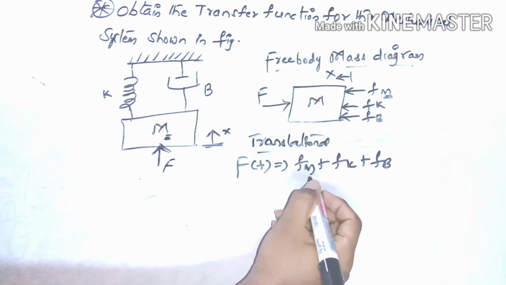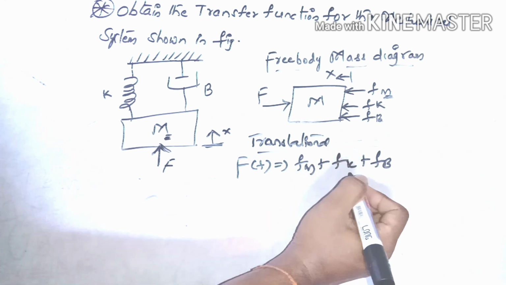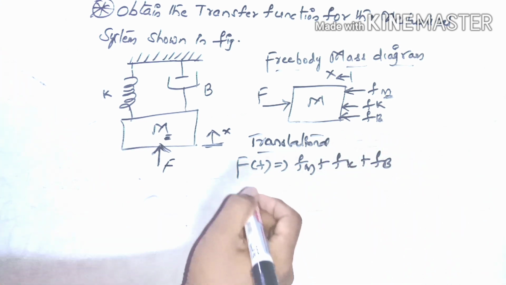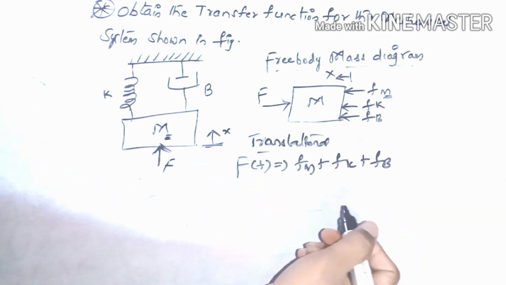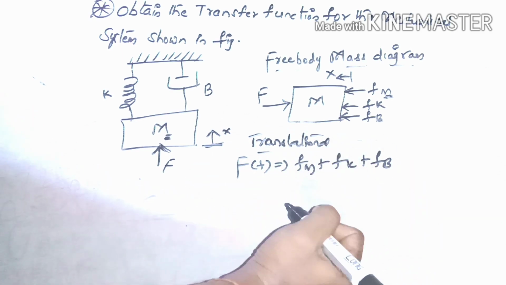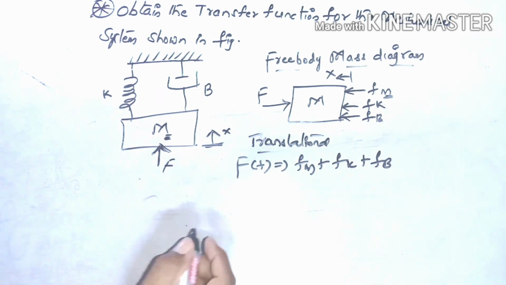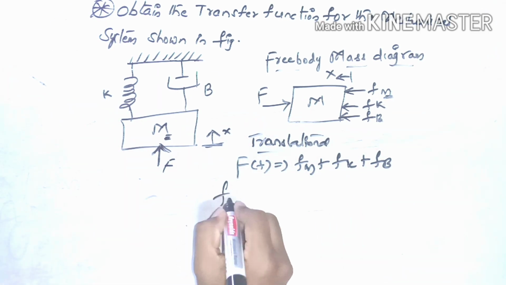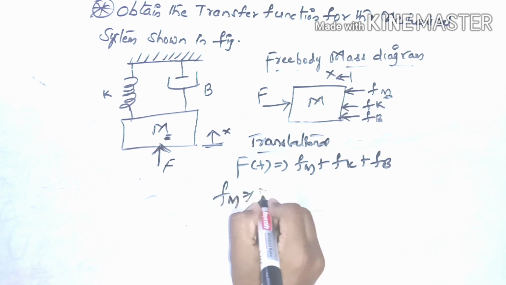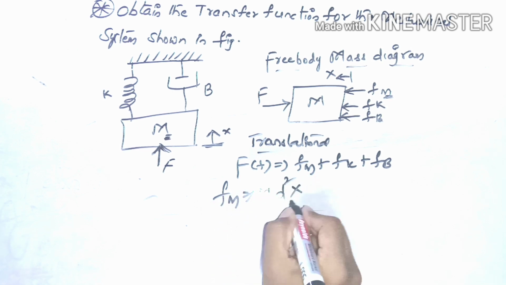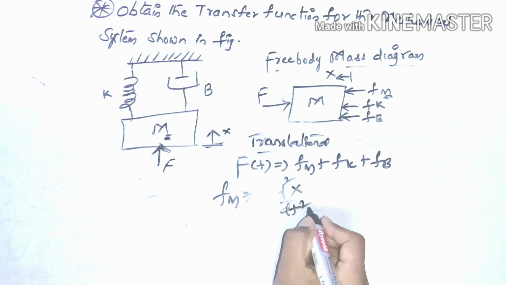I explained the equations for the forces due to each element in my previous video. You can see it. The force due to the mass element Fm equals m into d square x by dt square.